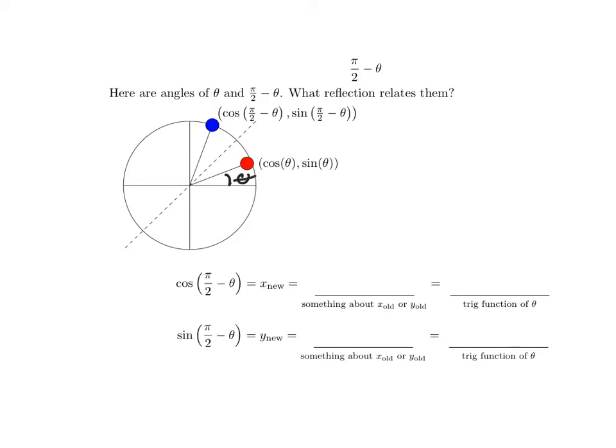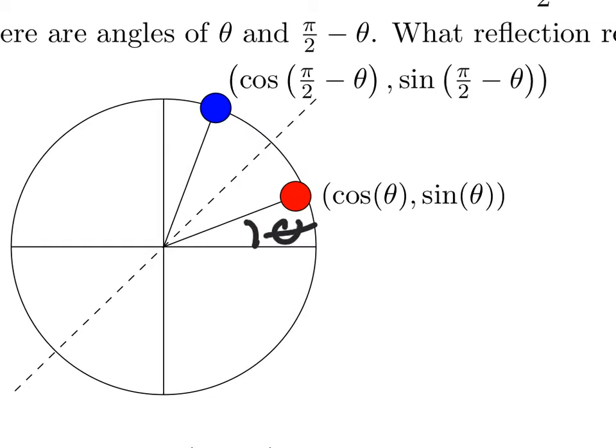And if you want to think about rotating forward by an angle of pi over 2 minus theta, well, here's one way of doing it. You can first rotate forwards by pi over 2, and then backwards by theta.